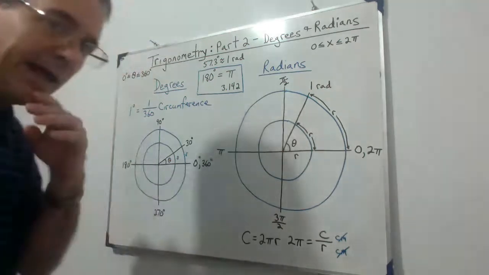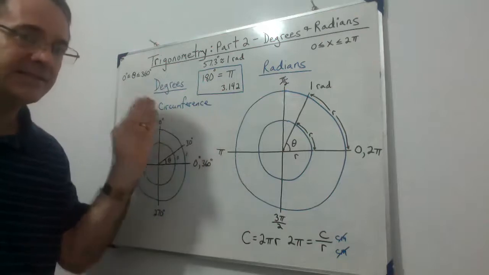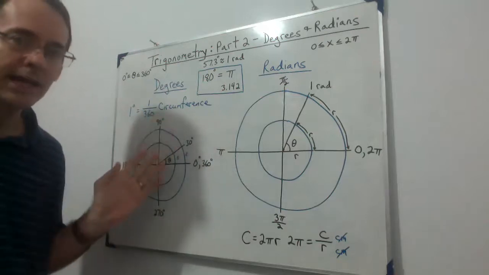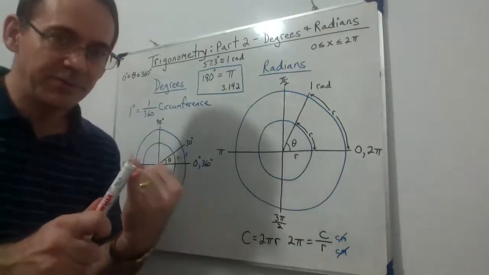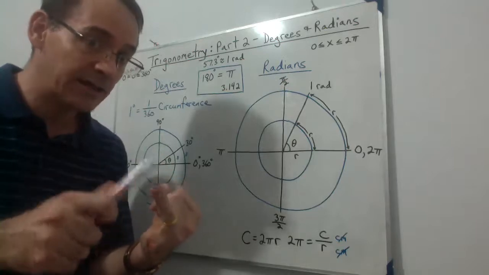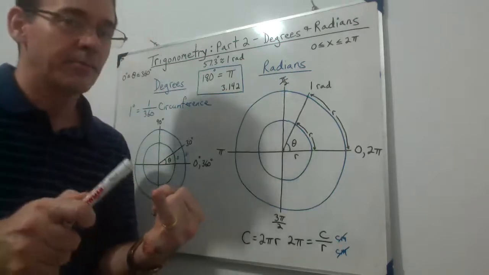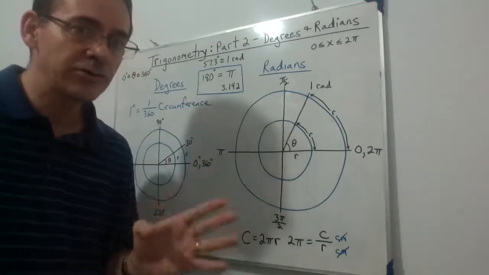In fact, I go back, remember I said I wrote the word circumference? I didn't use the formula. Why? Because our formulas that we use, circumference of a circle, 2 pi r, area of a circle, pi r squared, both of our formulas that we're very familiar with don't use degrees.